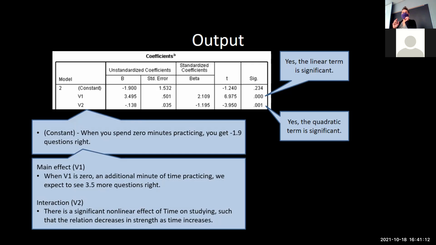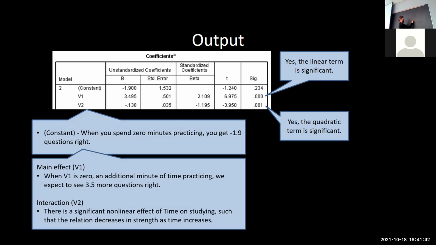So from these pieces of information, I know that if this is 0, my y-intercept is going to be negative 1.9 down here. I know it's going to go up.